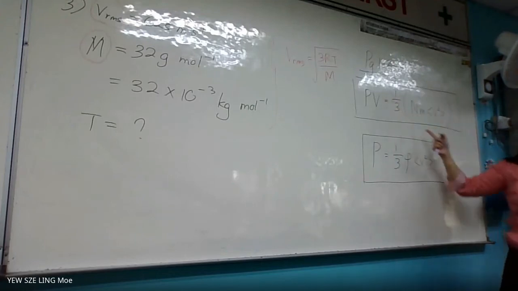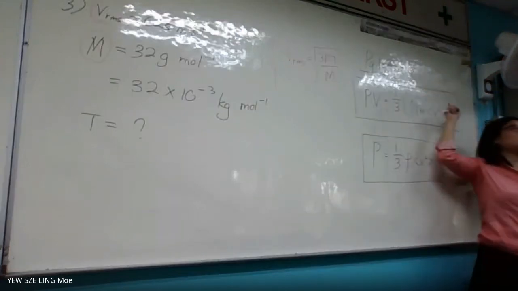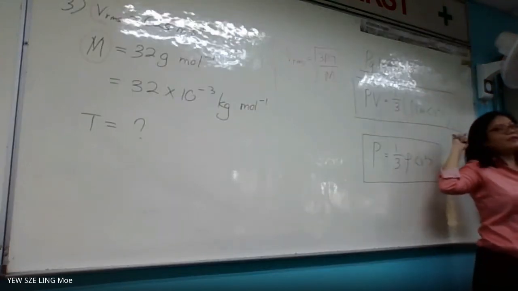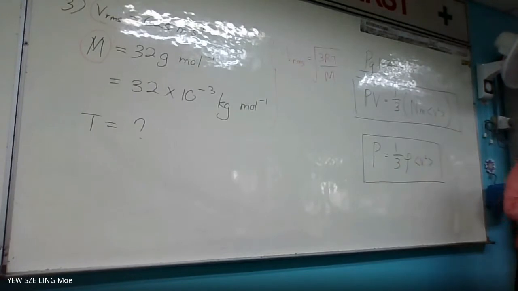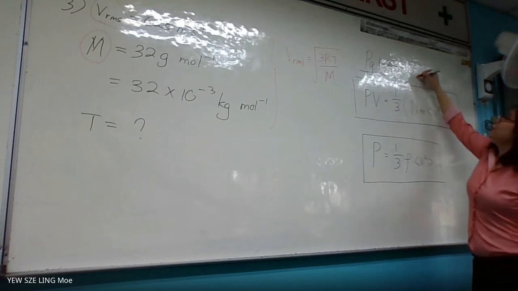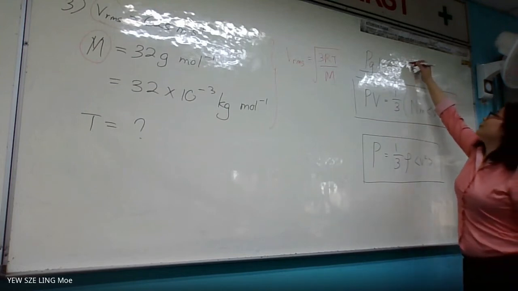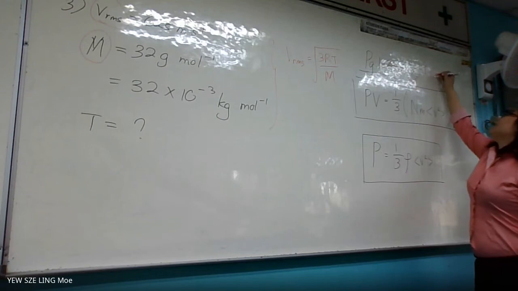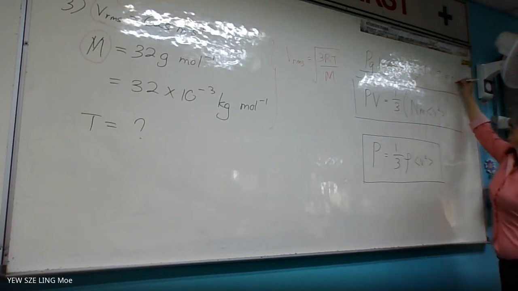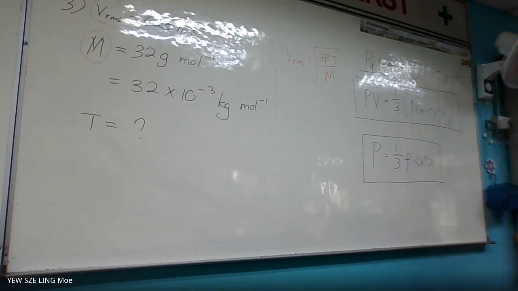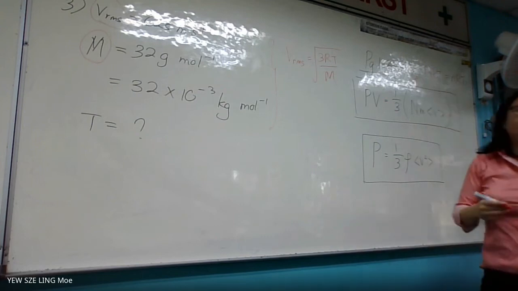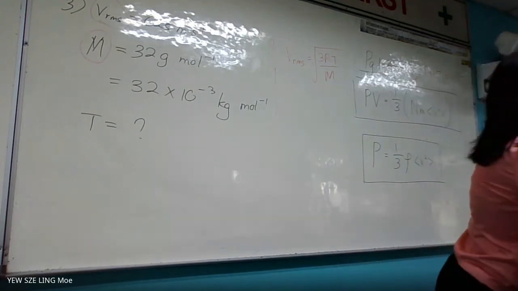Now this whole thing is at the same time also equal to NkT and also nRT, based on what you learned in 13.1 ideal gas law. So they are interchangeable, depending on how you apply the equations.